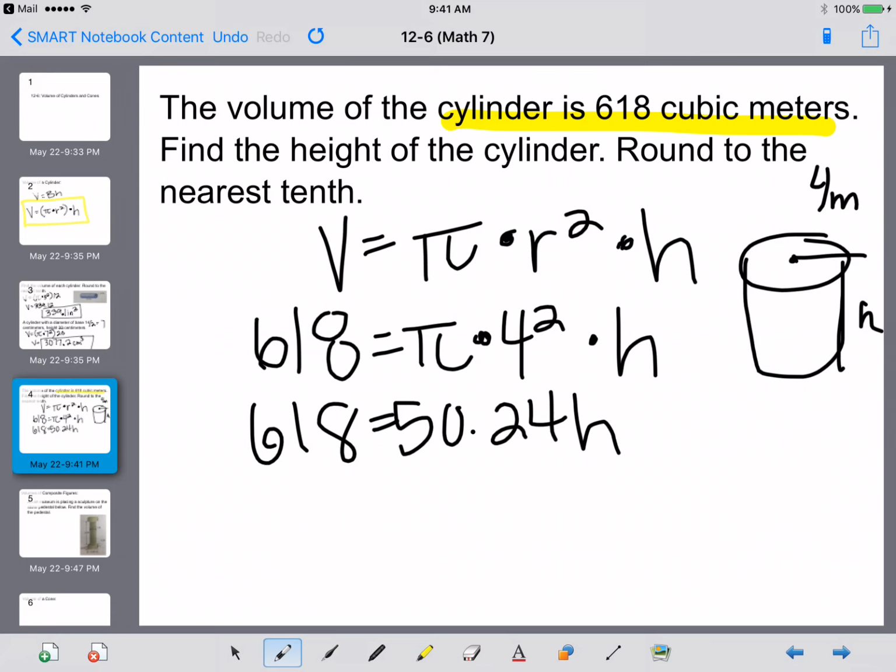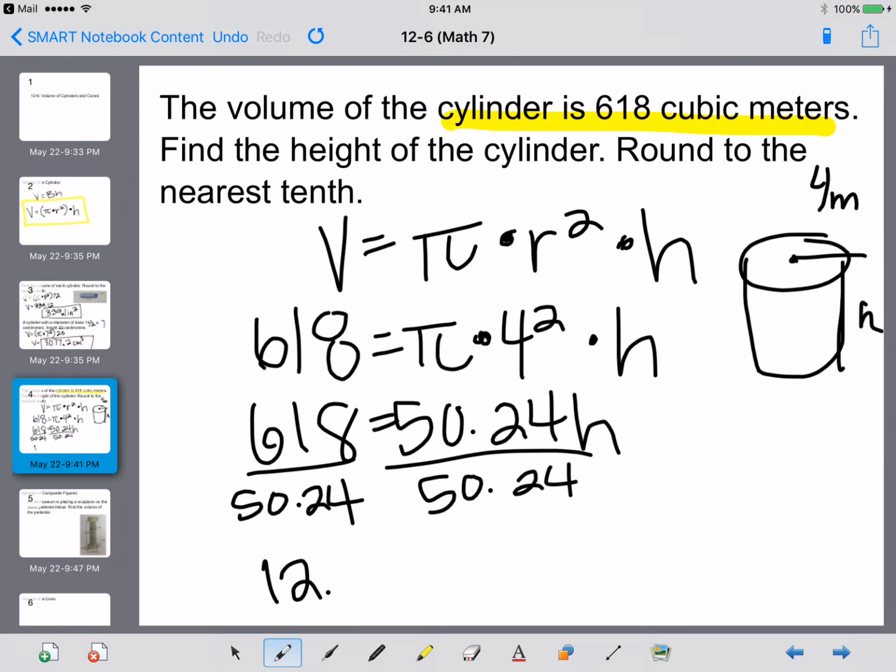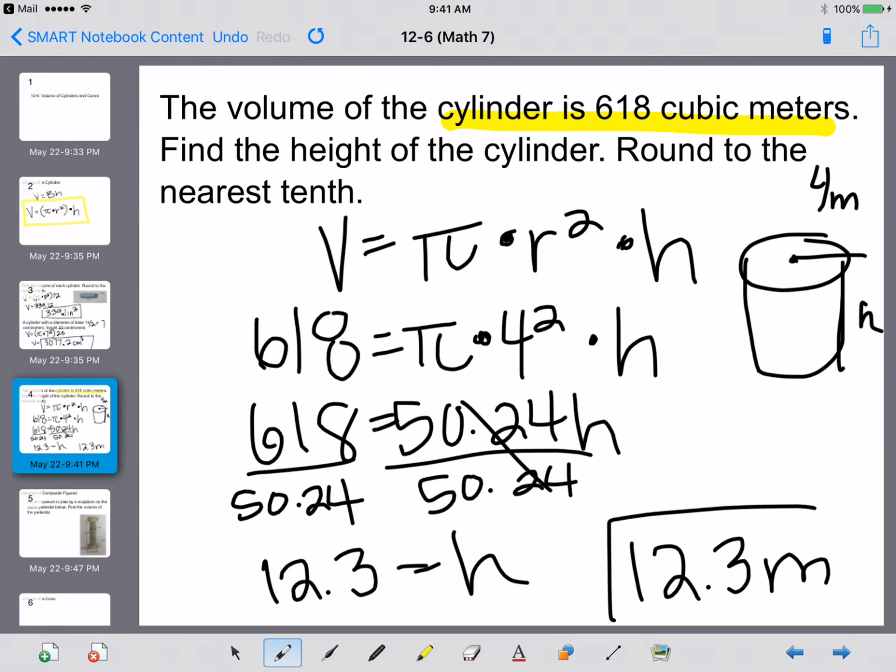In order to get h by itself, we divide by the number that's connected to it, and we'll end up with, let's type it in here, 618 divided by 50.24, getting us about 12.3, and that equals h, which would mean our height would be about 12.3 meters on that cylinder there.